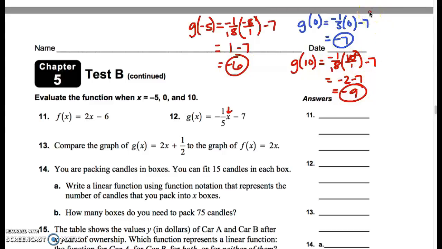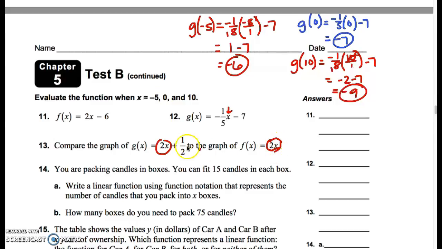Okay? On number 13, it says compare the graph of g of x equals 2x plus a half to the graph of f of x equals 2x. So if you were to graph both of these equations, they're telling you to compare them. Okay? So you don't even have to graph them. The first thing you should notice right off the bat is that they both have a 2x. Okay?